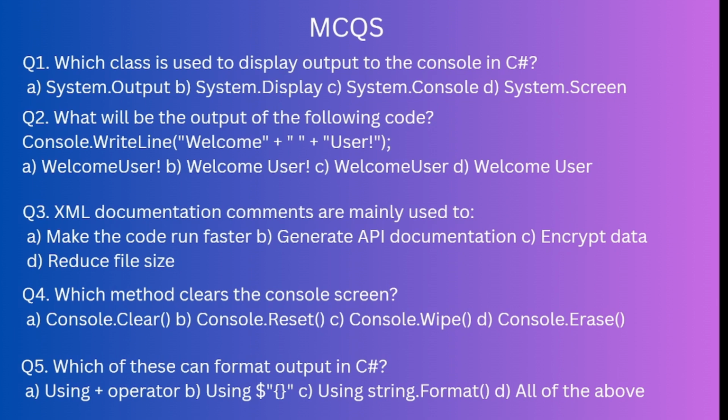Which method clears the console screen? Console clear, console reset, console wipe, console erase. Answer is console clear. Which of the following can format the output in C sharp? We have four options: using a plus operator, using dollar along with the curly braces, using string dot format, and all of the above.